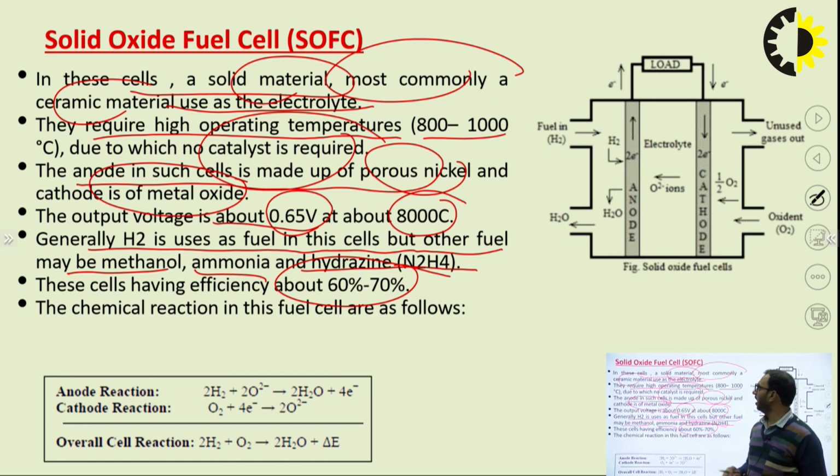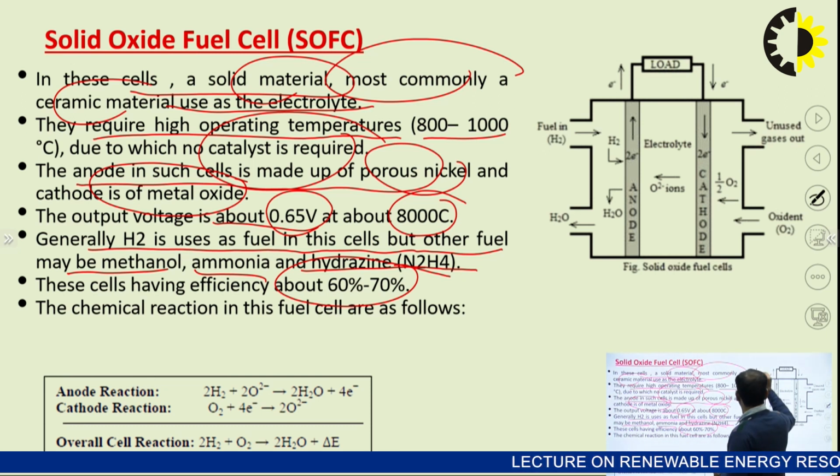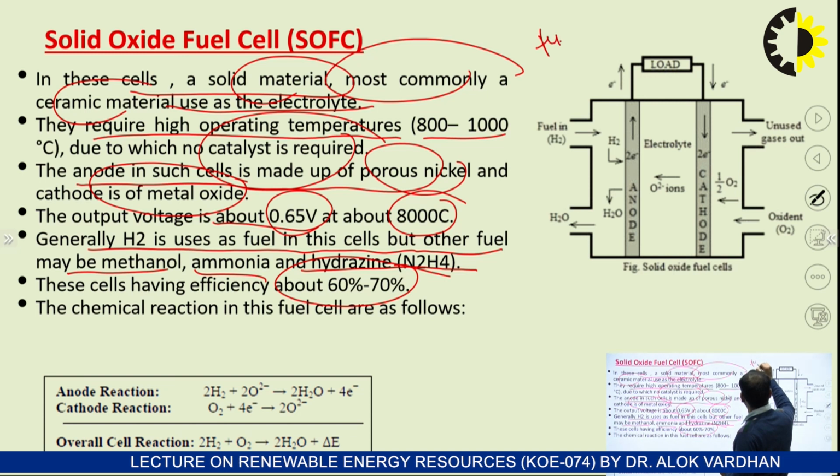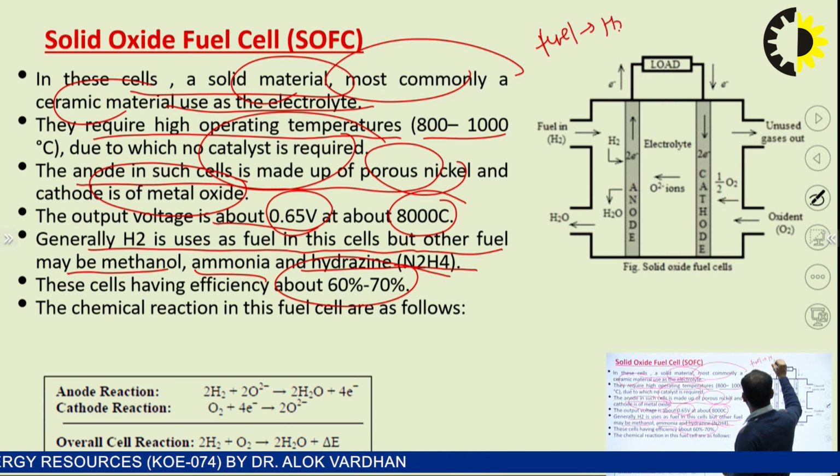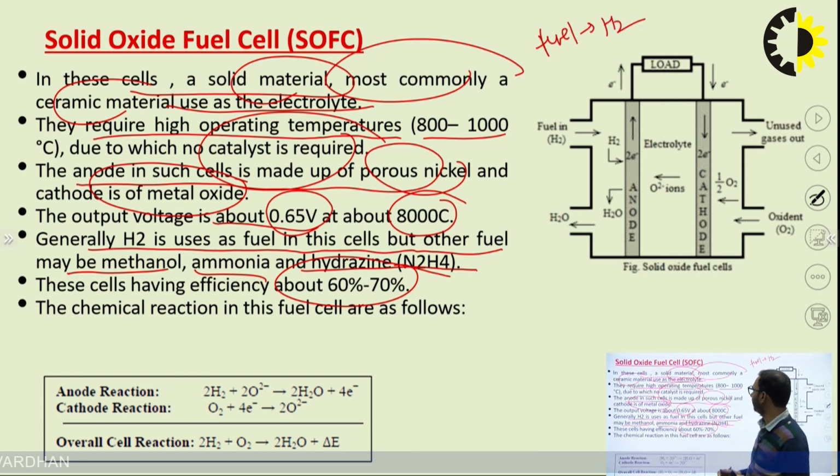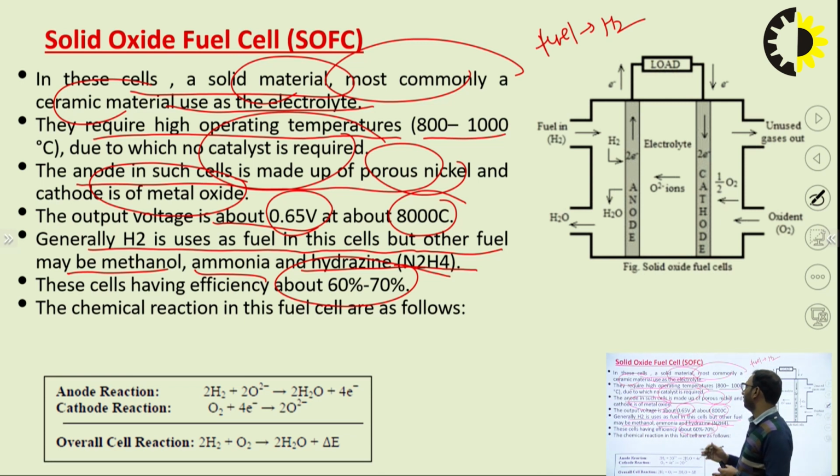So, in the solid oxide fuel cell, fuel is hydrogen, but we can use other fuels like methanol, ammonia, and hydrogen. And the electrolyte is a ceramic type material.